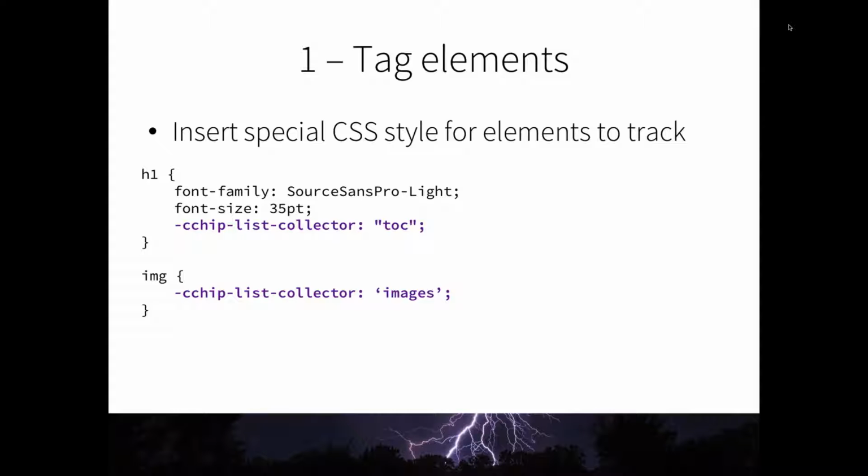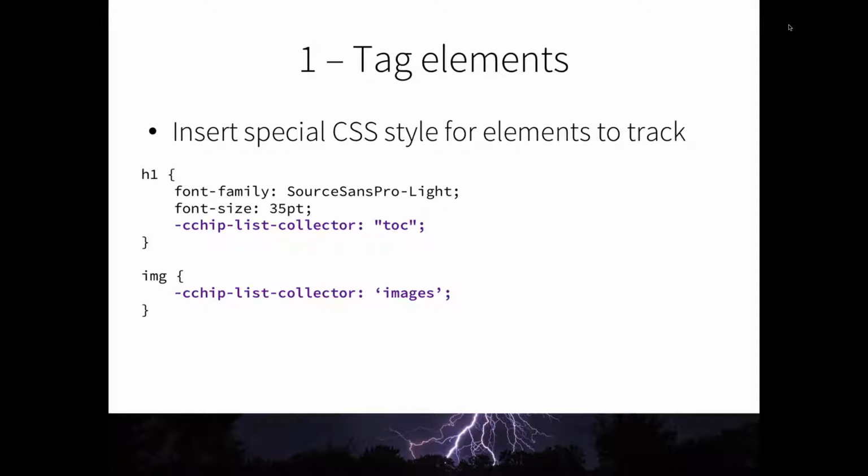The first CSS rule applies to all elements of header level 1, all H1 elements. It tells which font to use, which font size to use, and then it has a custom pdfChip rule that says cchip-list-collector, and then it adds toc, the table of contents.